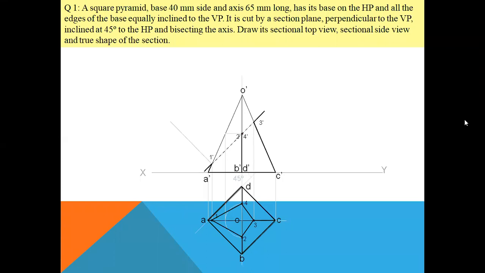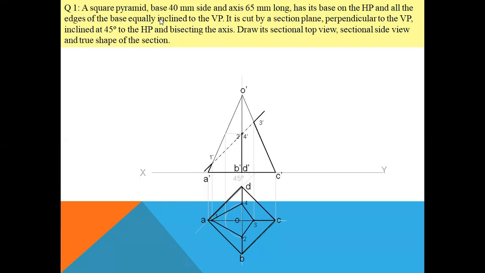Next, what we are going to do is the true shape. Okay. So when you see this section surface perpendicularly, that means this is the direction from which you are going to see, right?